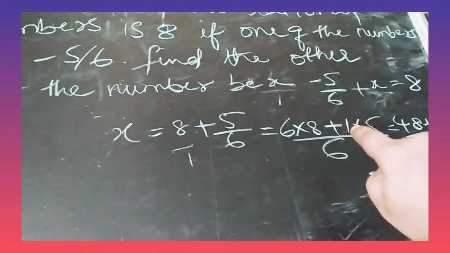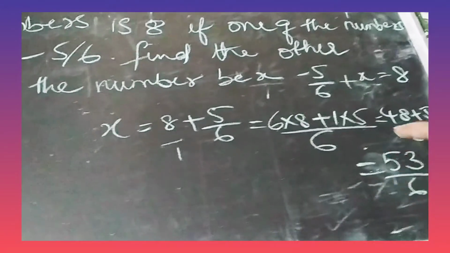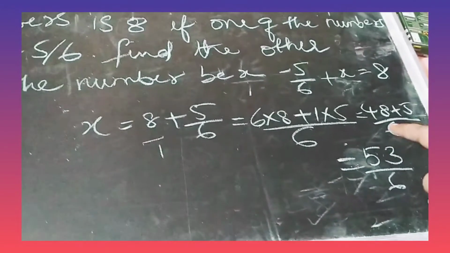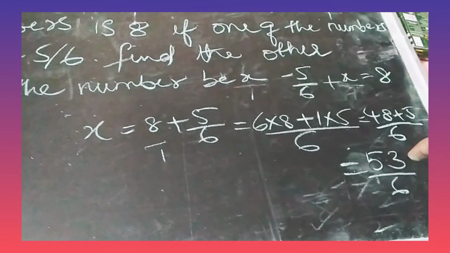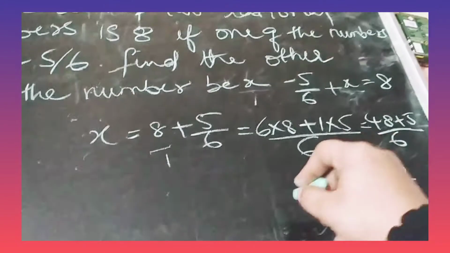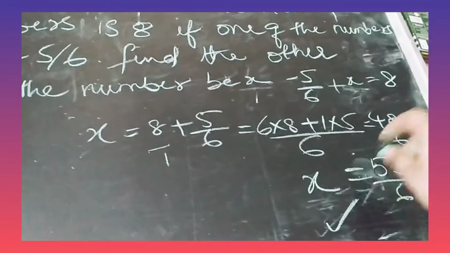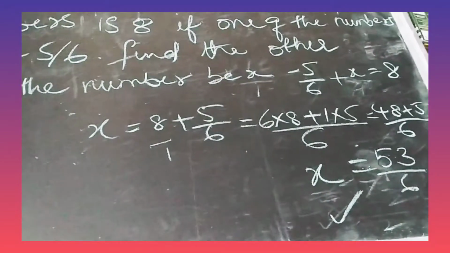It goes one time. 1 into 5. 6 8s are 48, plus 1 5 is 5. 48 plus 5 by 6. What is 48 plus 5? It is 53. 53 by 6. So x is equal to 53 by 6. The other number is 53 by 6.